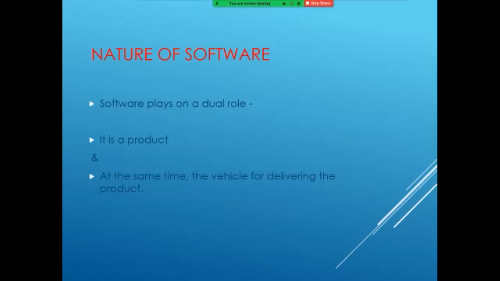Friends, software has a changing nature which is classified into different categories. First one, system software, application software, and engineering and scientific software. These are the changing nature of software.